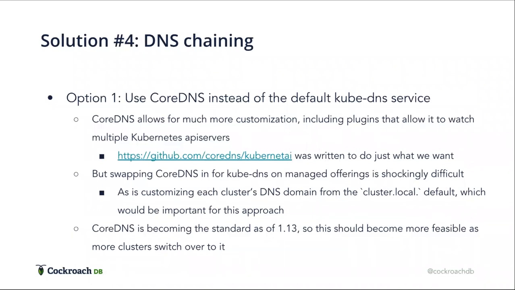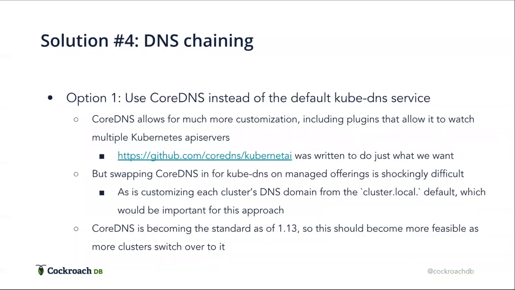And ideally, we would want each cluster to have a separate DNS domain so that it would be easier to distinguish between a service running in one cluster and a service running in another cluster, so that you don't hit naming conflicts between them. And that's also apparently very hard to do in the managed service offerings. I tried for a couple days to do either of these things, to replace kubedns or to set up a different cluster DNS domain on GKE, and had no luck when we tried to do that earlier this year.